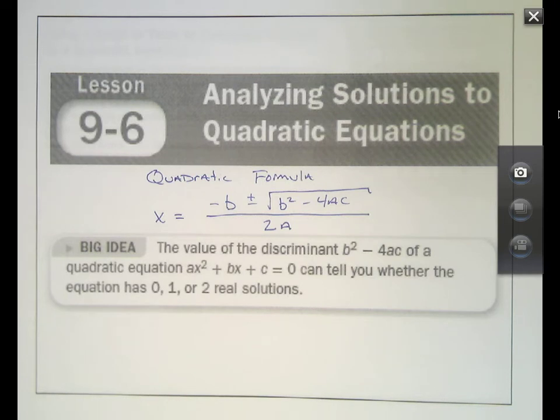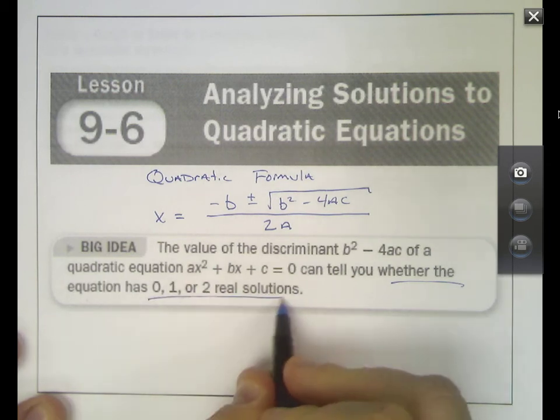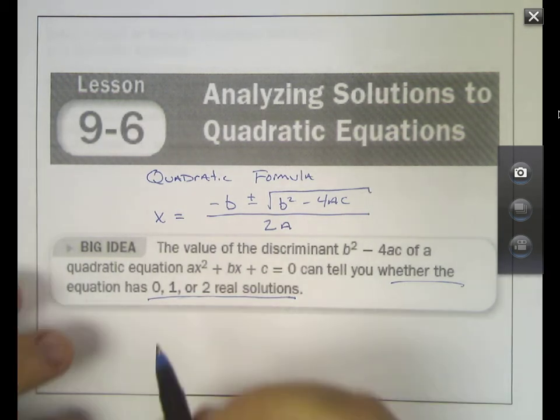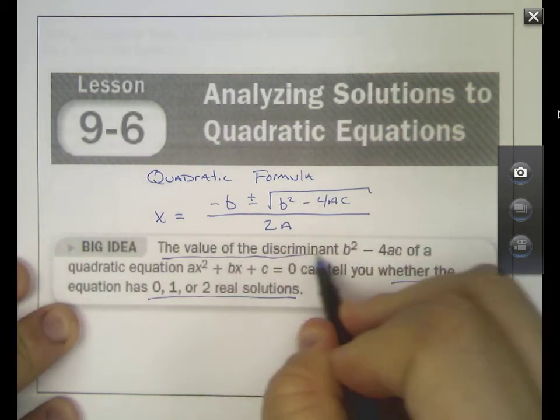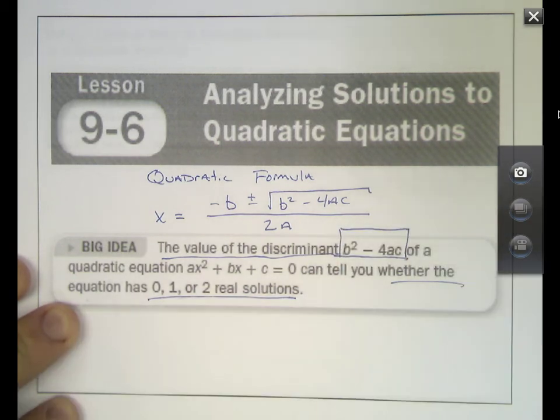What we're going to talk about today is, without even doing your quadratic formula, you're going to be able to determine whether the equation has 0, 1, or 2 real solutions. Now, how are you going to do that? Well, it all comes from the value of the discriminant. The discriminant is b squared minus 4ac.